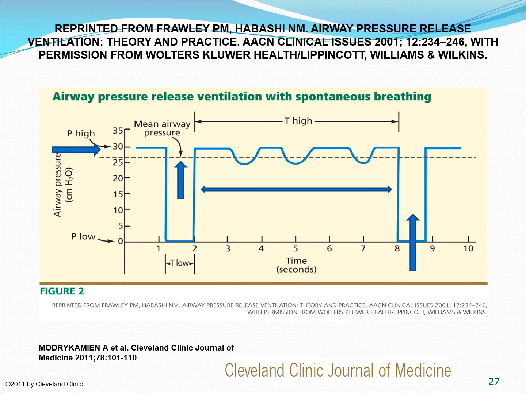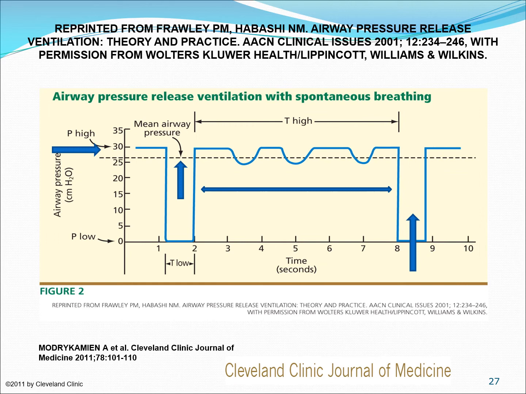For example, your P high, right here, is set to plateau pressure. Plateau pressure is always lower than peak airway pressure. So when you do conventional ventilation, you always have a peak airway pressure. That's the way it is.